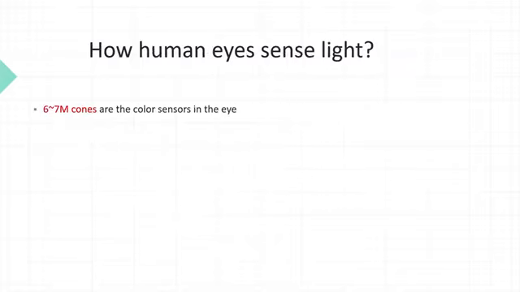Now let us understand how the human eye senses light, that is, how it perceives colors. In the human eye, there are 6 to 7 million cones, which are the color sensors. In simple terms, we can say cone pigments are available.